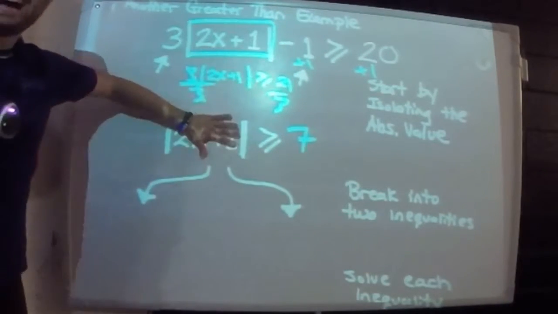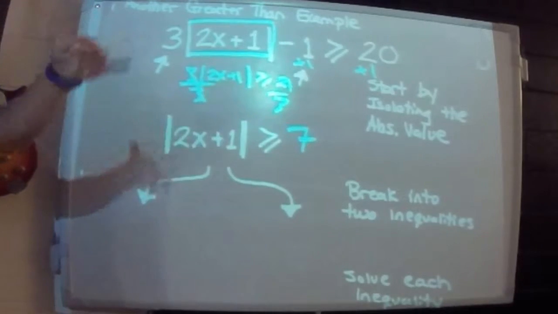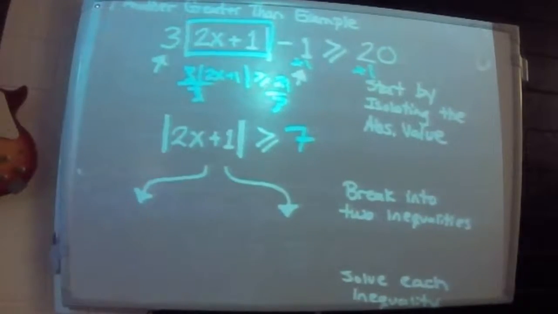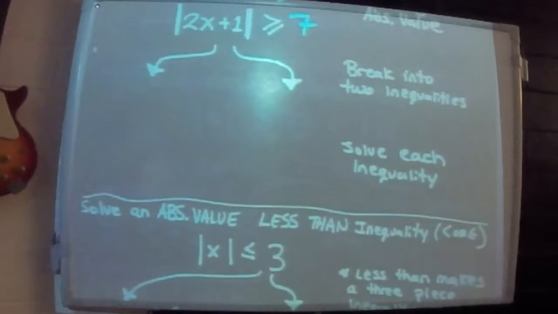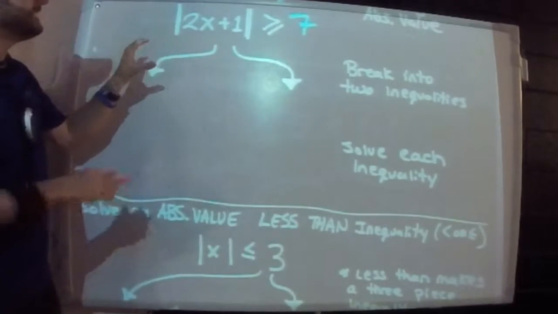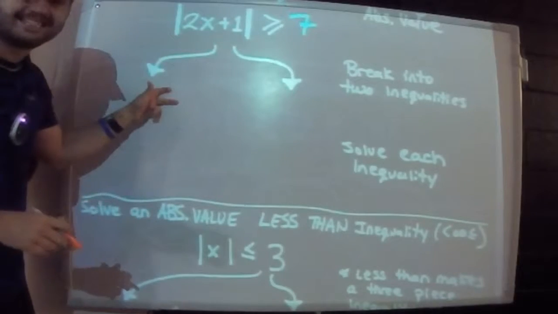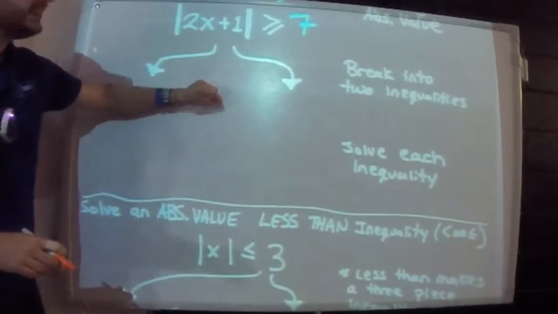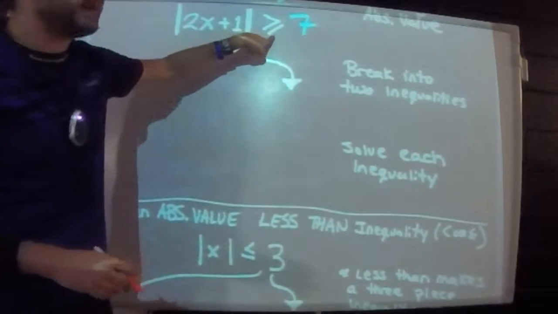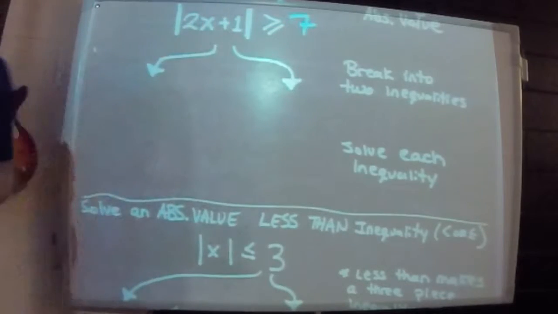Now that the box is isolated, now we can break it into two separate inequalities. The first one we're going to end up saying the 2x plus 1, the stuff in the box, is less than or equal to negative 7. And then we're going to say the stuff in the box is greater than or equal to regular 7.